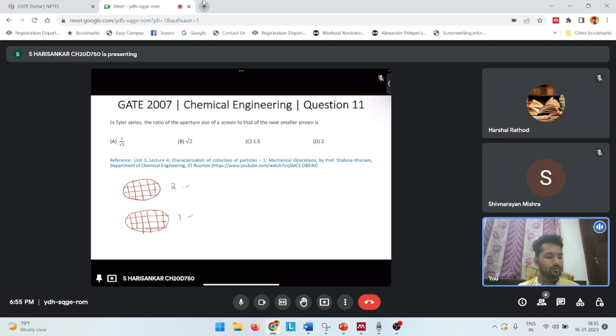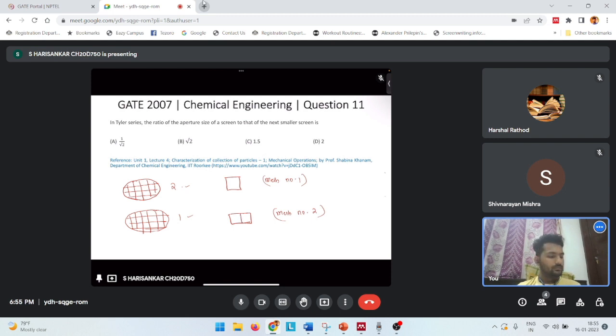Now assume this is the mesh number. Let us say this is mesh number 1, just taking an arbitrary value. So there is only one mesh per square inch. And let us take the smaller one as mesh number 2. So that means in that same 1 square inch, we'll have two meshes.